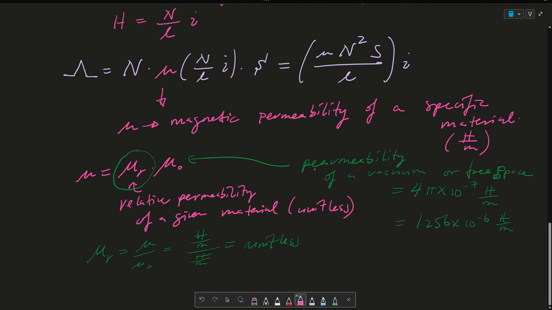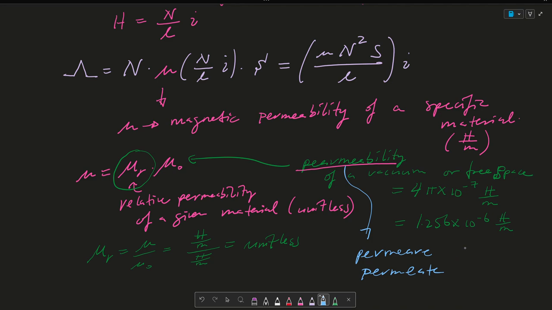The word permeability stems from the Latin word permeare, or stems from the word permeate. This means to pass through, all right?